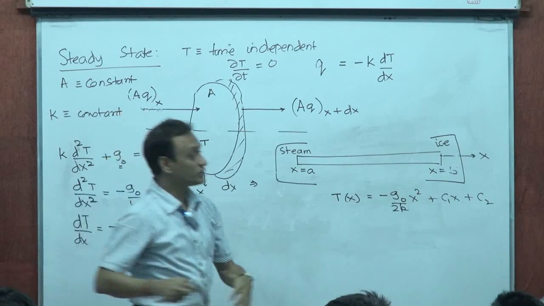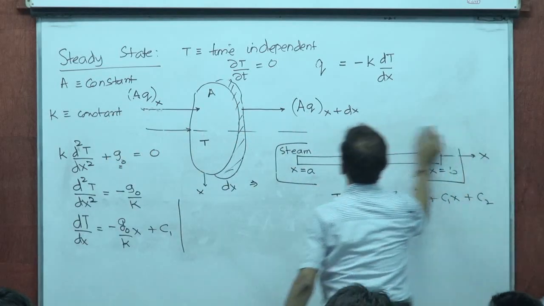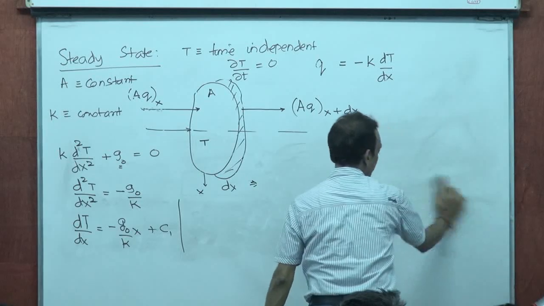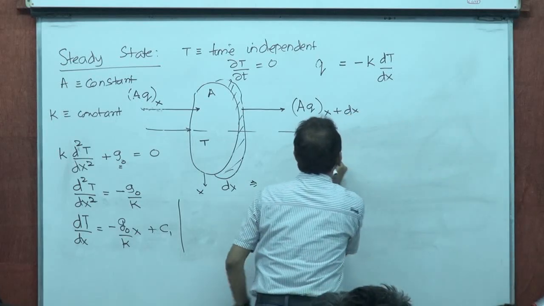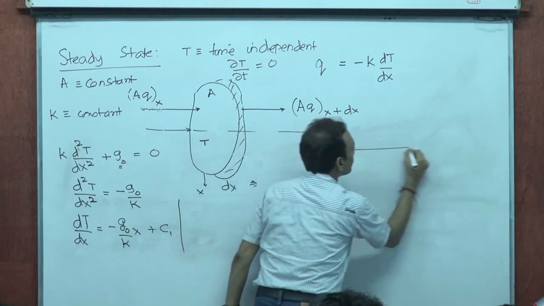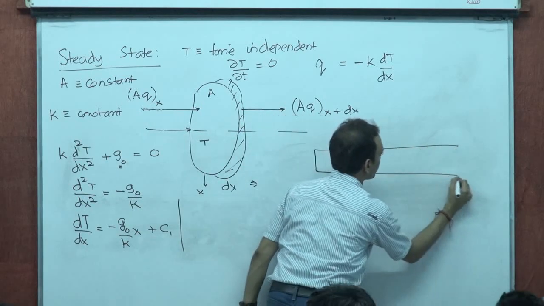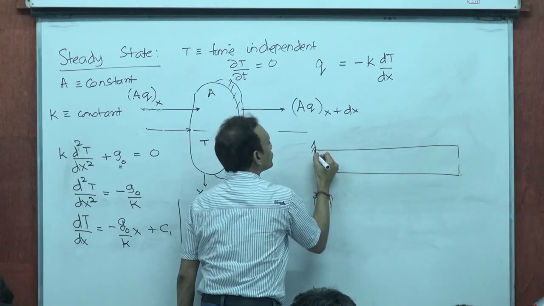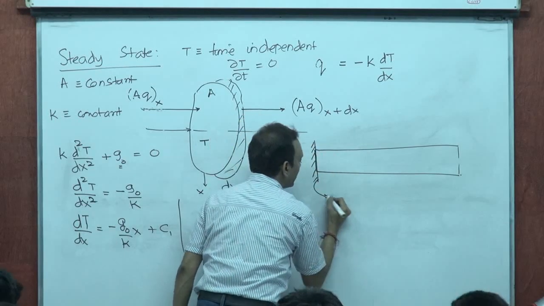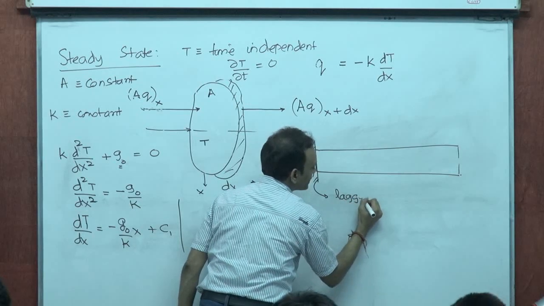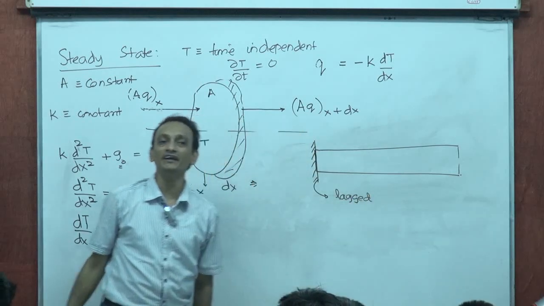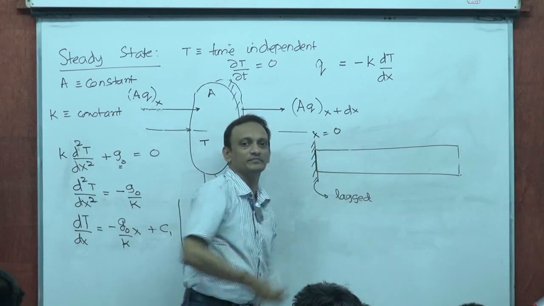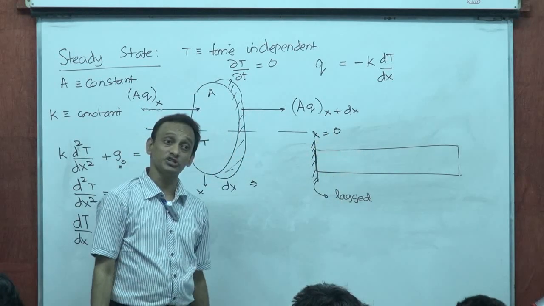Now, there are a host of boundary conditions that are possible. I'll just give you some of them. This could be an end which is lagged, means insulated. For example, let's say this is x equal to 0 and it's insulated.